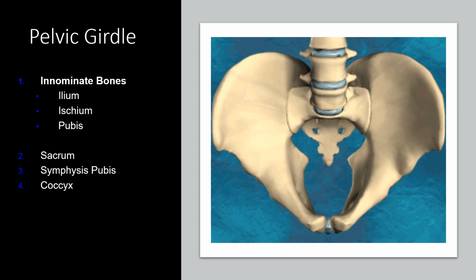Now the ischium is your sit bone. It's the bottom part of this bone, but it's also at the back, and it's a lumpy tuberosity. A tuberosity is a name they give for a lump. So when the bone sticks out like the head of femur, that's known as a tuberosity. And at the back of the pelvic girdle is the ischium, and this is your sit bone.